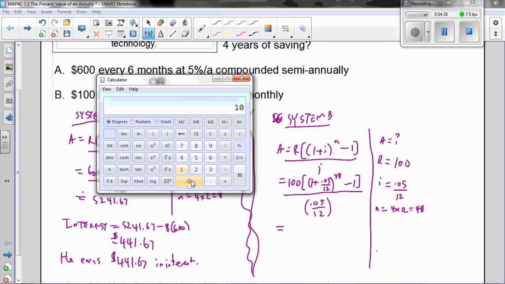100 times 2 brackets there. Bracket, bracket.